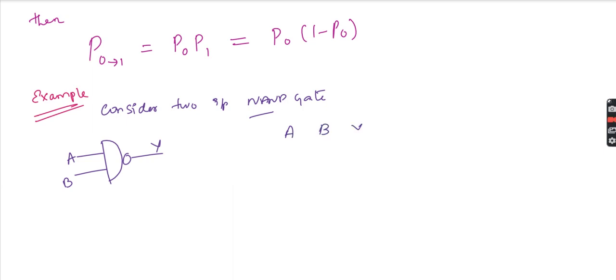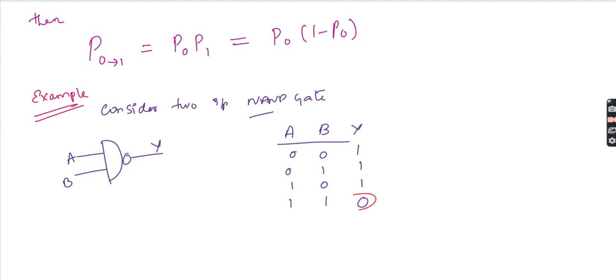For A, B: 0 0, 0 1, 1 0, 1 1. What is the output for the NAND gate? This will be 1, this is 1, this is also 1, and this will be 0.